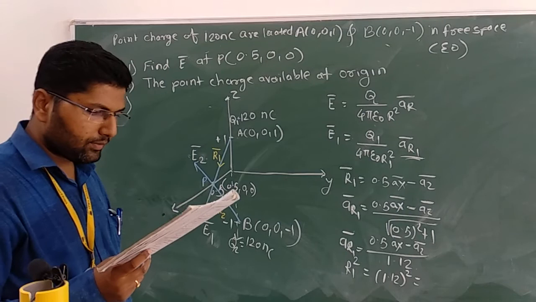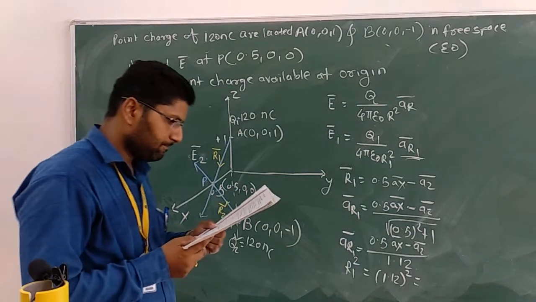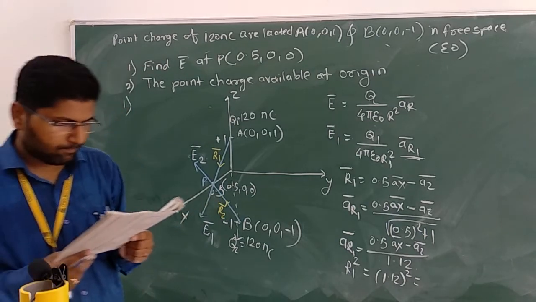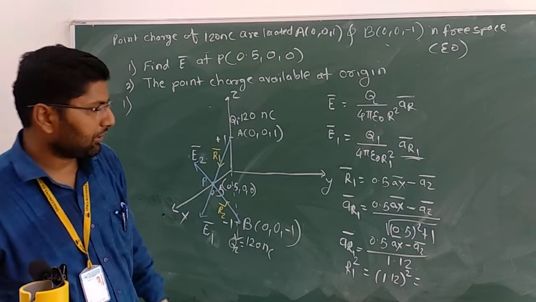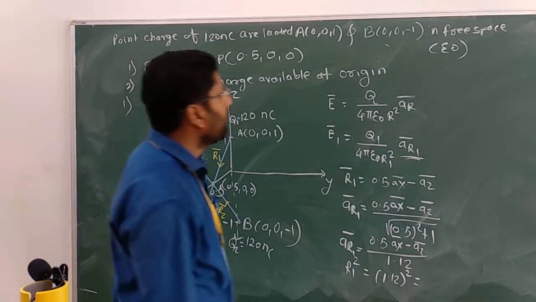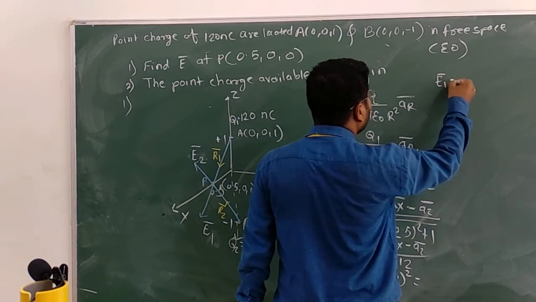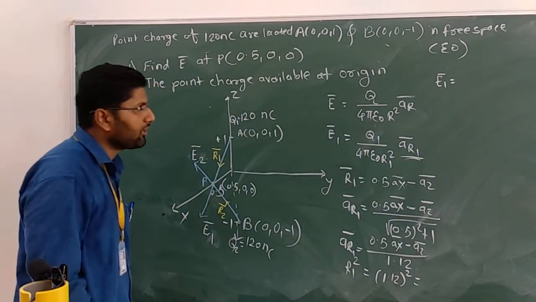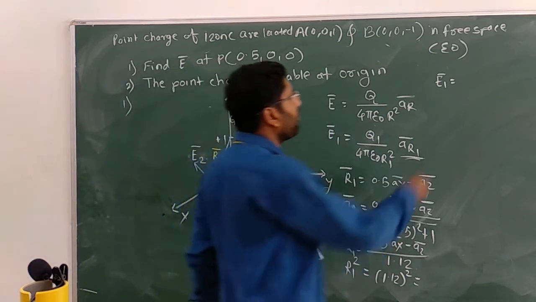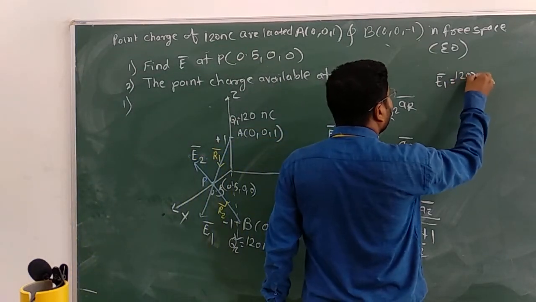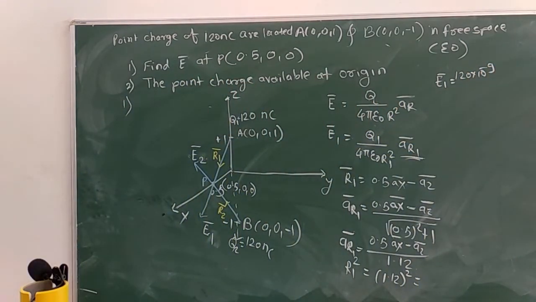You just calculate what R1 square is. I will just directly put in the values. E1 bar is equal to Q1. What is the value of Q1? Q1 is given as 120 nanocoulomb, 120 into 10 raised to minus 9. I hope you can see this.